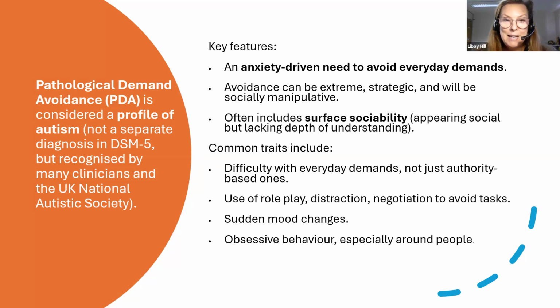Common traits involve difficulty with everyday demands, not just authority-based ones. There might be the use of role play, distraction, negotiation to avoid tasks. There may well be sudden mood changes. There may be obsessive behavior, but that usually involves people rather than things.